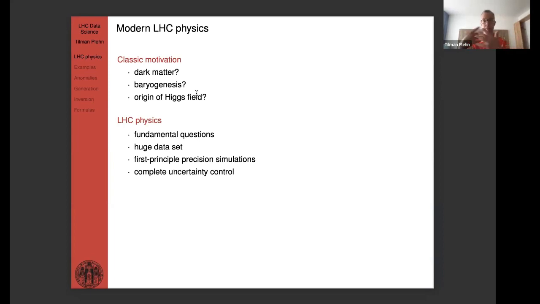On the experimental and theory side, we benefit from an extremely high level of uncertainty control, so we can make very precise statements. This is, by the way, a challenge whenever we apply machine learning, as you'll see, because machine learning is not typically a field that benefits from uncertainty control.